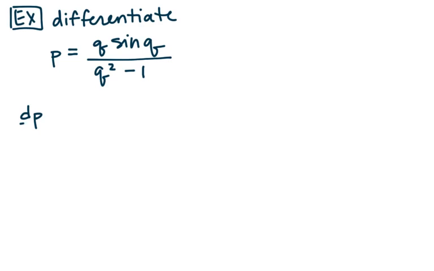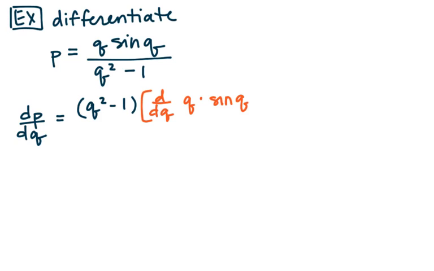The derivative of P with respect to Q, that is my denominator, Q squared minus 1, times the derivative with respect to Q of my numerator, which is Q times sine of Q. Now, when we're using the quotient rule, we have a minus, so that would be minus the numerator, Q sine Q, times the derivative with respect to Q of Q squared minus 1.